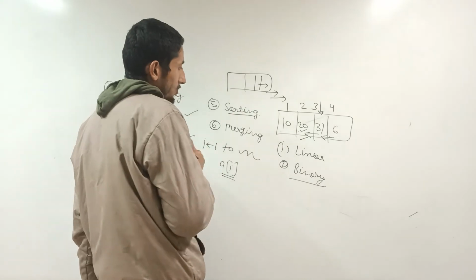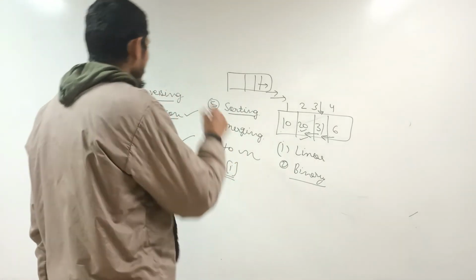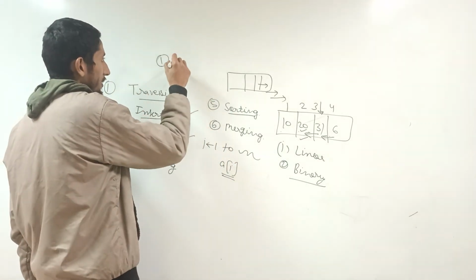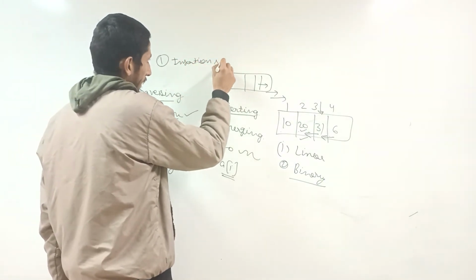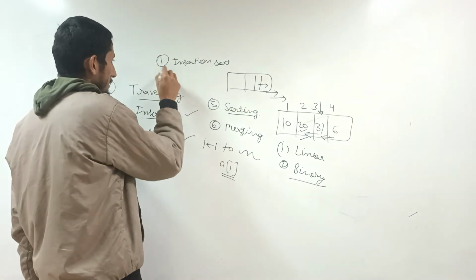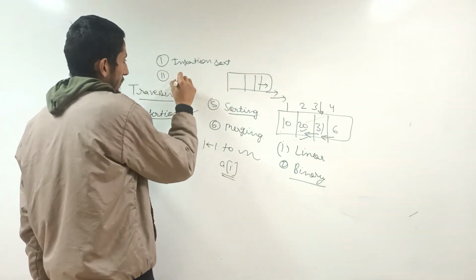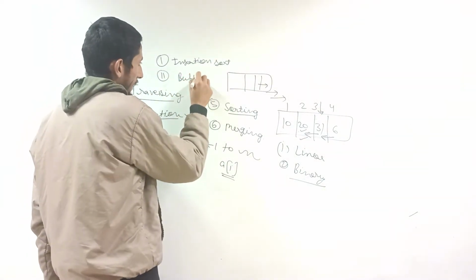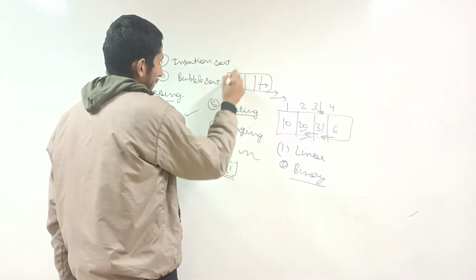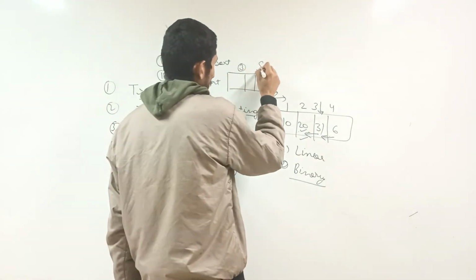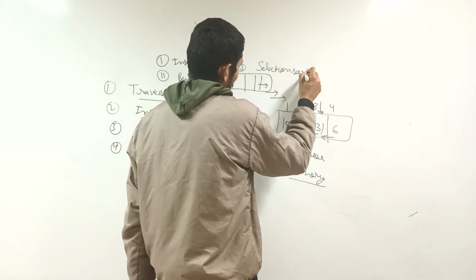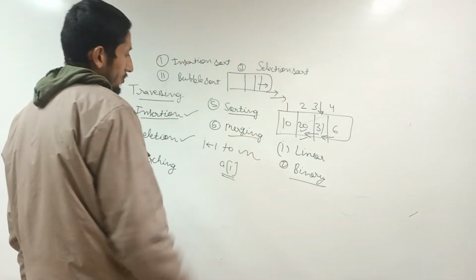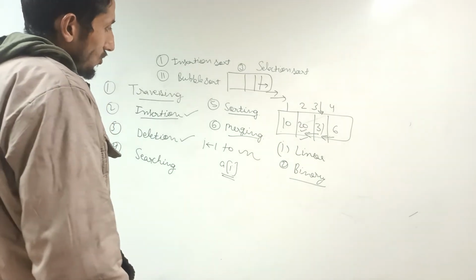Then sorting, so till now we have seen sorting techniques: the first one is insertion sort, the second one is bubble sort, and the third one is selection sort. So we have seen three types of sorting. Okay, and then merging. So we are left with merging in the case of array.